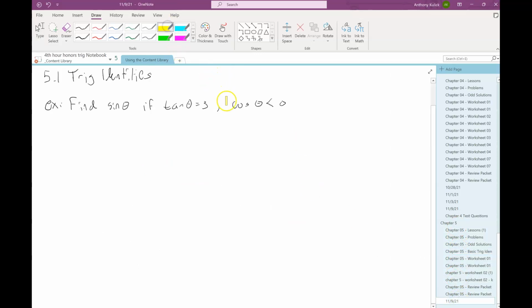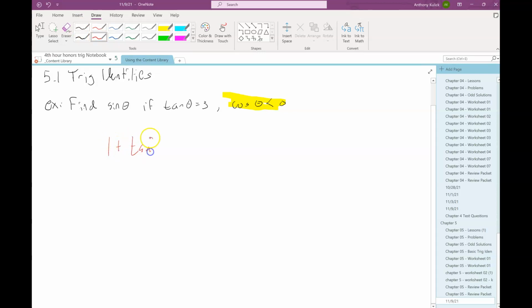The fact that I also know that whether one of them is positive or negative tells me I'm probably going to be using one of the Pythagoreans, because I'm going to use that positive or negative part to tell whether, when we take the square root of something, it's positive or negative. So let's use our Pythagorean.